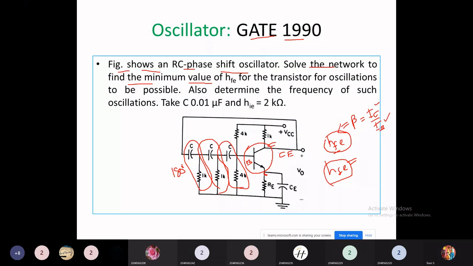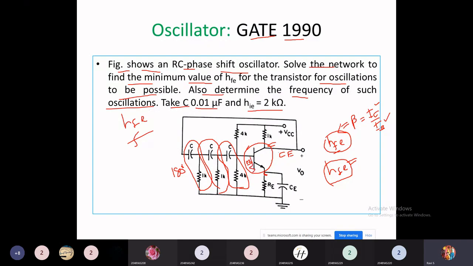Next, the minimum value of HFE for the transistor for oscillations to be possible. Also determine the frequency of such oscillation. So there are 2 things we need to find: the minimum value of HFE, and also the frequency of oscillation. Take C equals 0.01 microfarad and HIE equals 2 kilo ohms.